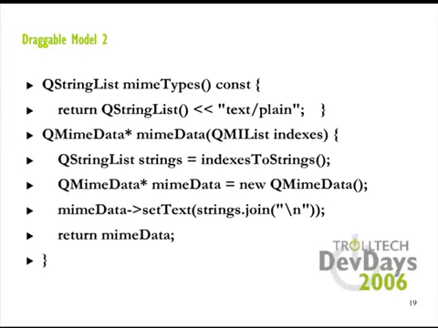And okay, for the rest of you, I'll tell you. It just takes the indexes and returns all the strings that we want to currently drag. For example, you choose a couple of them, start dragging. So we make a new QMimeData, set this text on them. It's just a single string, so we have to join them and hope none of them actually return the backslash, and return this mime data.